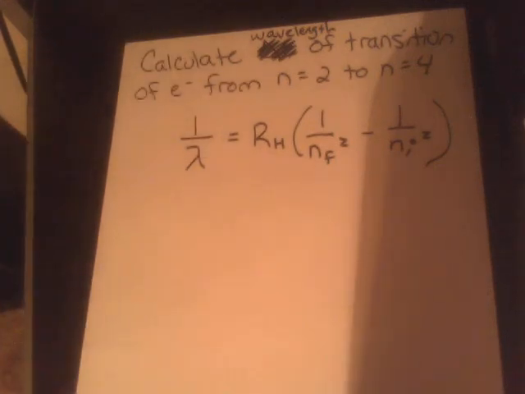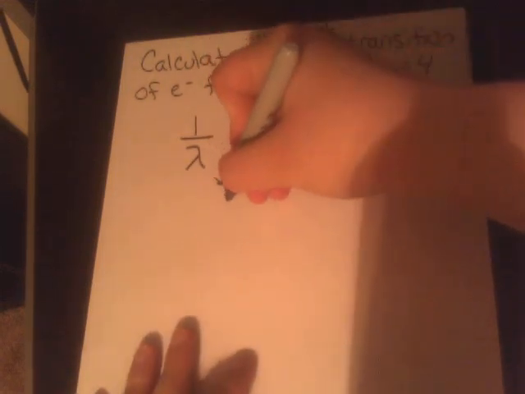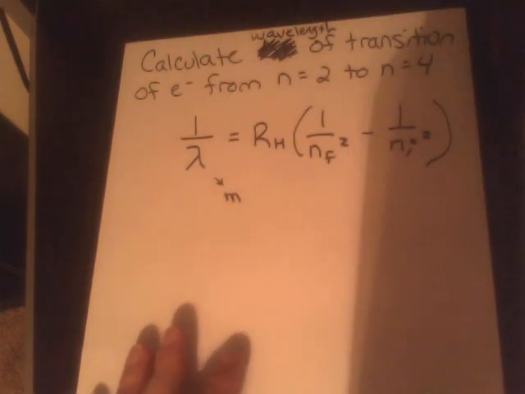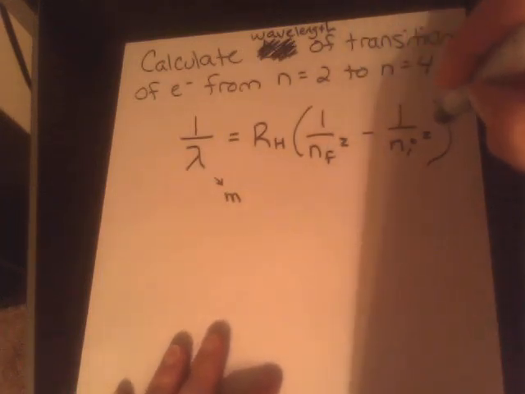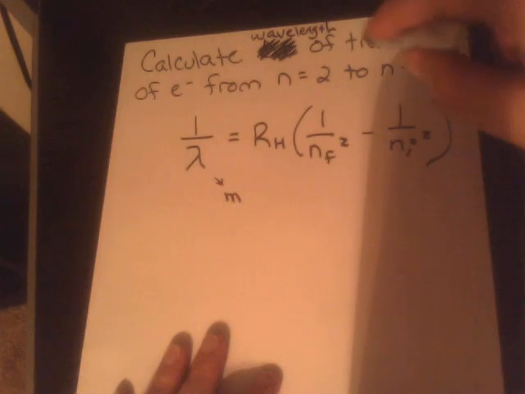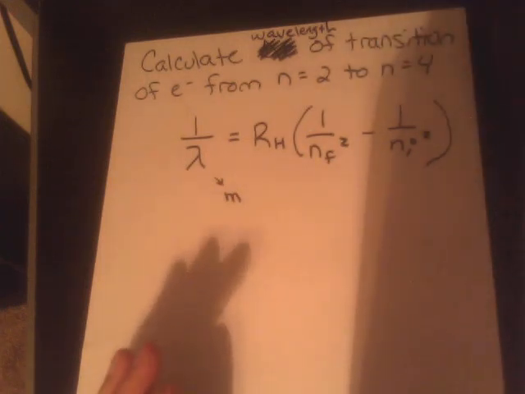So like everything else, wavelength is going to be in meters, and n final is the last transition, which is 4, and n initial is 2. So these are actually the energy levels that we have.